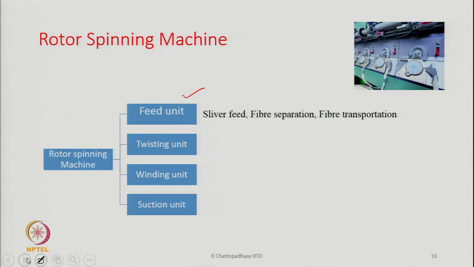Then comes the twisting unit. Twisting unit consists of a rotor, which is a twister, a doffing tube, a take up roller, and a suction system. These are all there in the twisting unit.